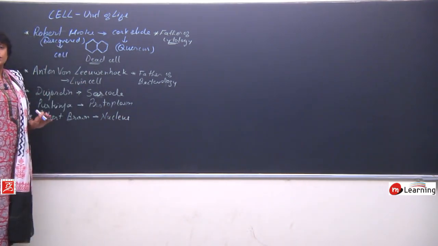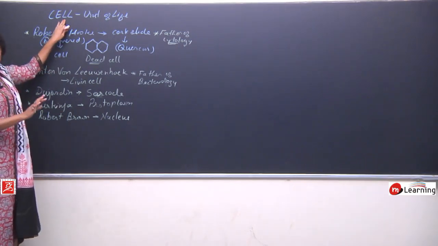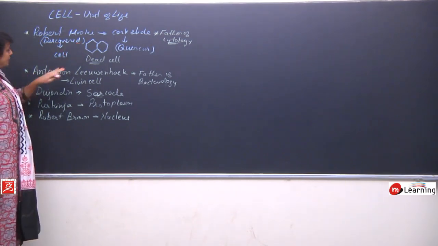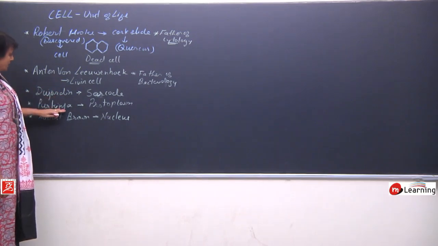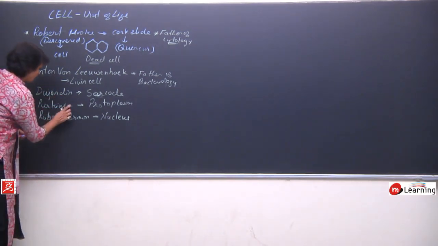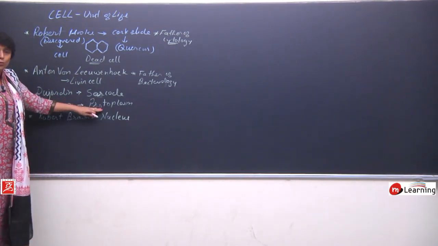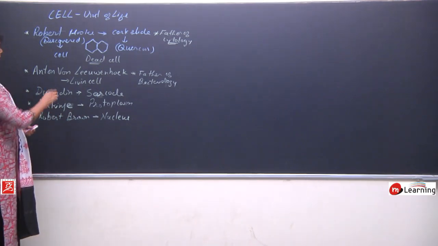So these are important scientists and their contributions in the cell related things. That is, Hooke first observed the cell, dead cell. Leeuwenhoek observed the living cell. Dujardin and Purkinje gave the term protoplasm, and Robert Brown discovered the nucleus.